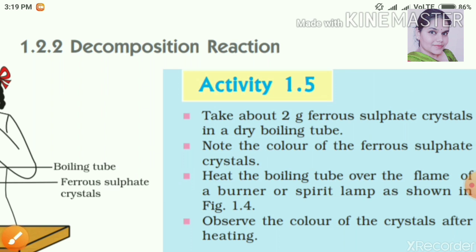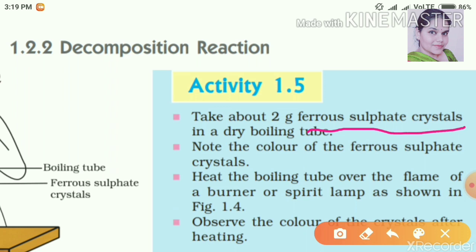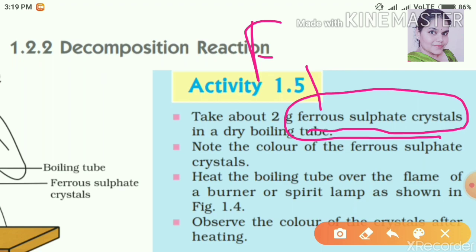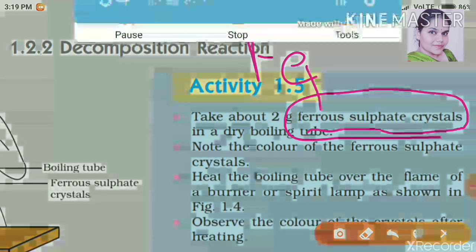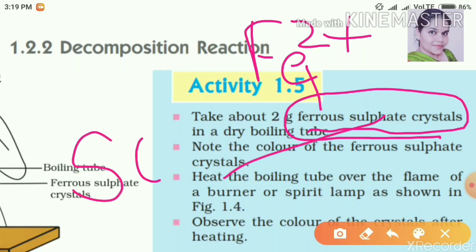Now we come back to this activity 1.5. Step 1 is to take 2 grams of ferrous sulfate crystals. Understand this name, ferrous sulfate crystals. Now ferrous ions are Fe2+ and sulfate ions are SO4 2-.